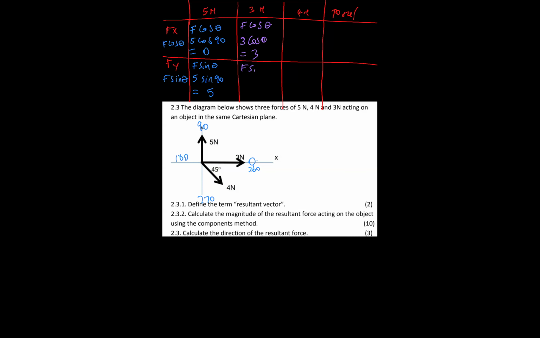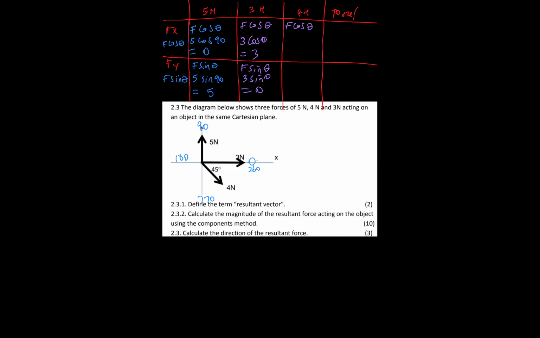We do likewise with this other component. Then 3 sine of 0. The answer is 0. Press the calculator. Sine of 0 is 0. Yes. Okay. Then let us move to the last one, which happens to be 4 newtons.